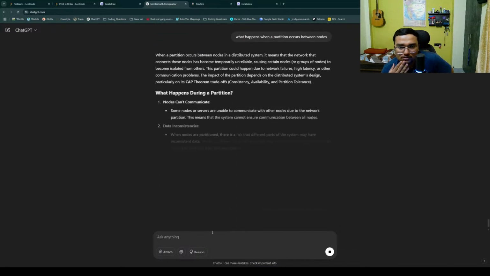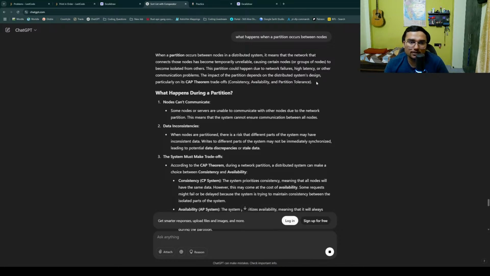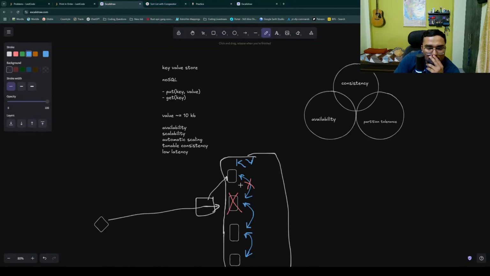When a partition occurs, it means that the network that connects those nodes has become temporarily unreliable, and nodes become isolated from others. This partition could happen due to network failures. Okay. Nodes can't communicate. Data inconsistency. Yeah. So one node can lag behind, right? One node can have old values.